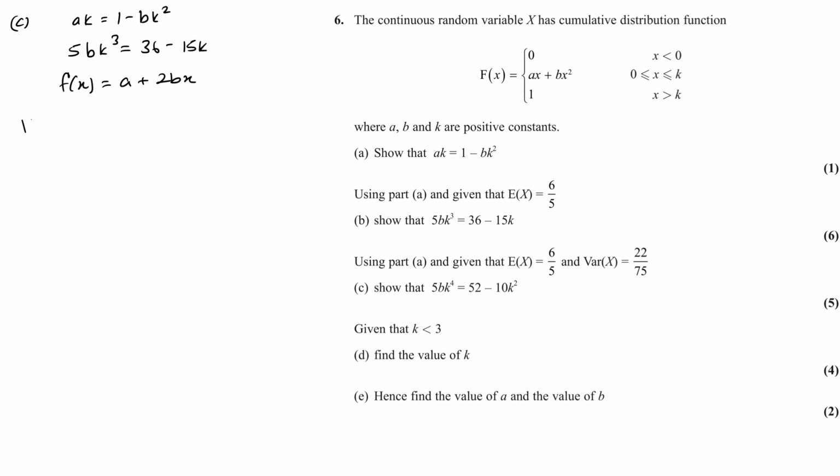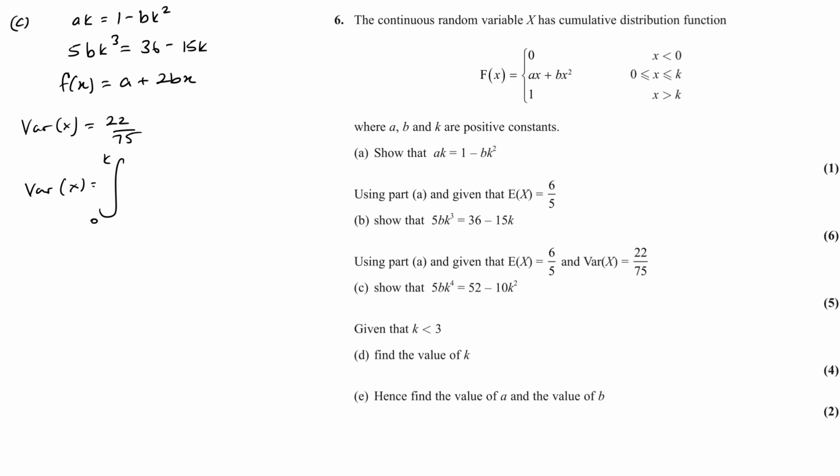So that's what we've got. Now we've got the variance. So variance is going to be equal to 22 over 75. Yeah, so variance of x, it's between k and 0, and it's this f of x times x squared.